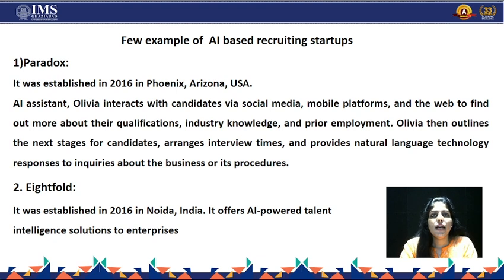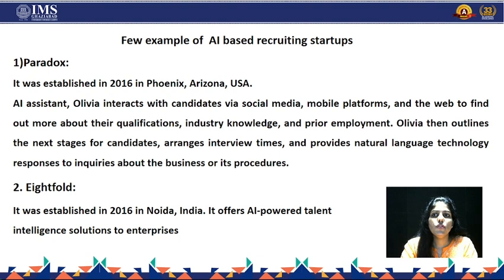Here I have mentioned a few examples of AI-based recruitment startups which are very well known in the market. The first one is Paradox, the name of a startup established in 2016 in Phoenix, Arizona, USA. This company deals with an AI assistant, Olivia, which interacts with candidates via social media, mobile platforms, and the web to find the right talent and maintain their data in the system.